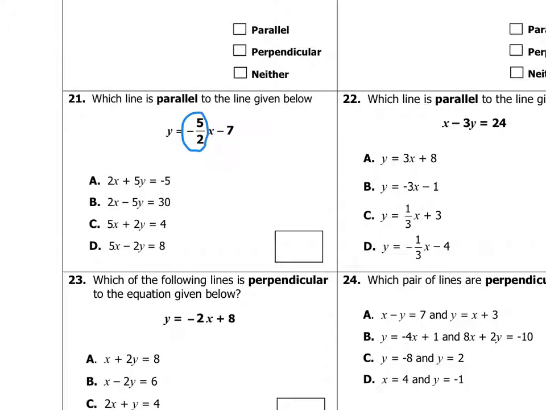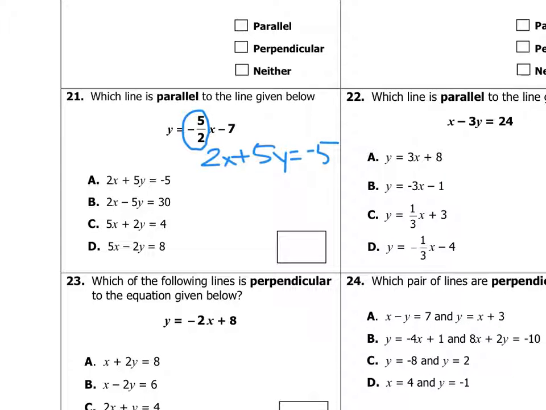So if I have 2x plus 5y equals negative 5, what I would do first is subtract 2x over there. So now I have 5y equals negative 2x. Always write the x term first. Minus 5.